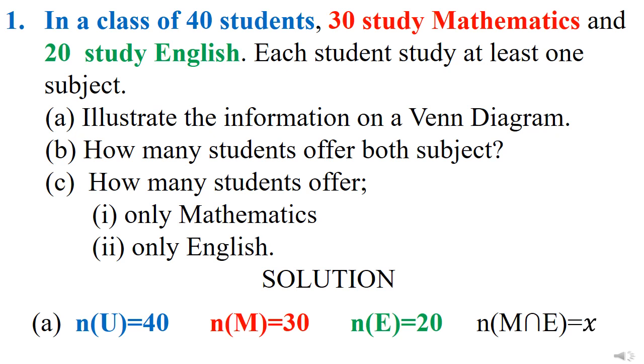Since the intersection is the first region we have to represent when representing set numbers on a Venn diagram, we represent it by a variable, any small letter of the English alphabet. So here we have number of M intersection E equal to X. That's both mathematics and English to be X.